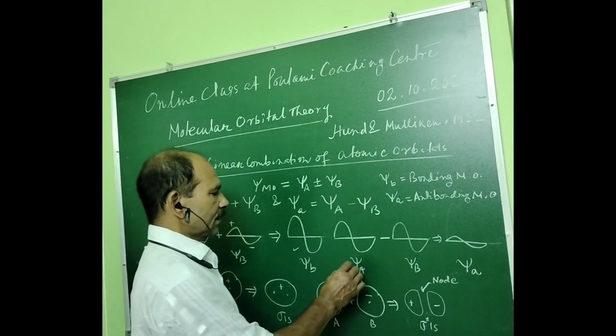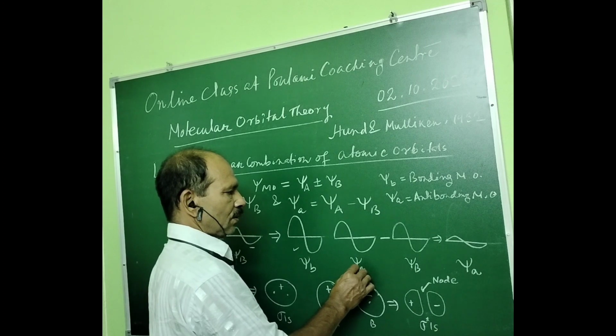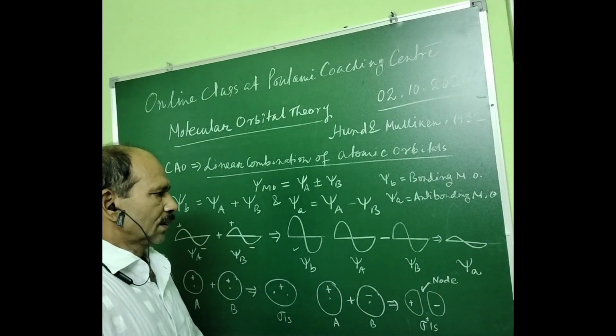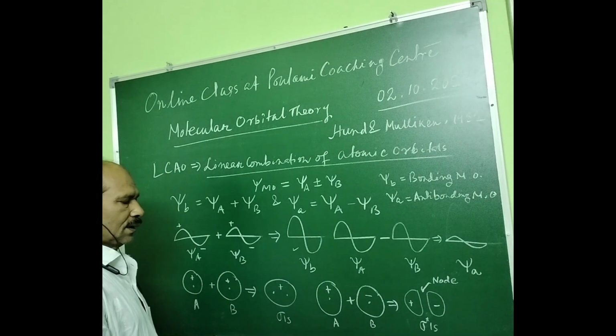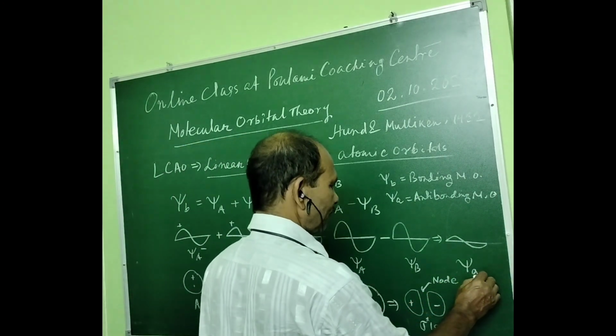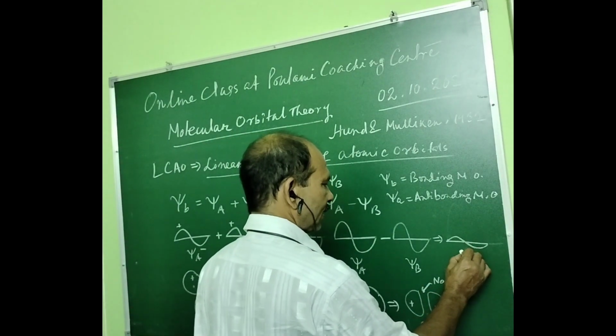If we subtract psi B from psi A, the resultant will be less than that in the case of the bonding orbital. Therefore, the antibonding molecular orbital is represented like this.